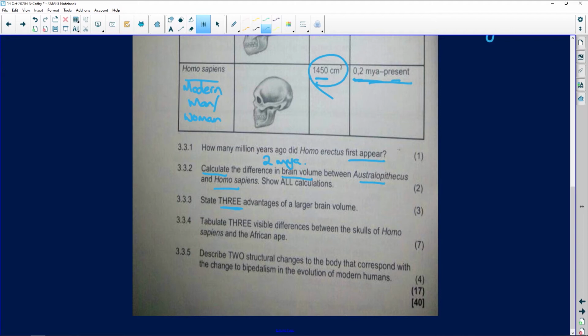Okay, so let's look at this. What would a larger brain volume do? First of all, you're going to have a larger brain, which is going to give you more tissue, so more brain tissue, and you therefore are going to have, we hope, greater intelligence.